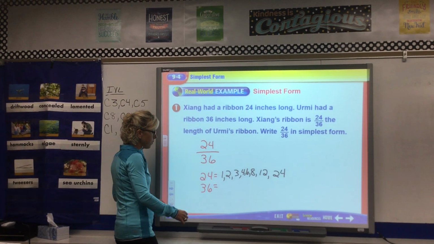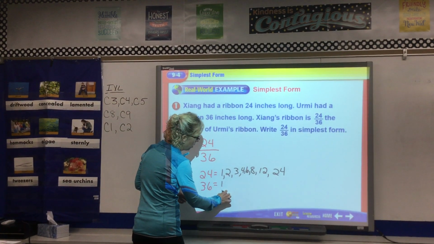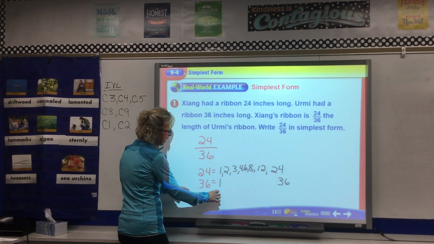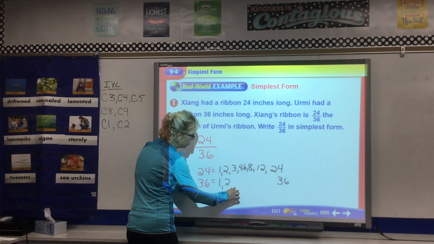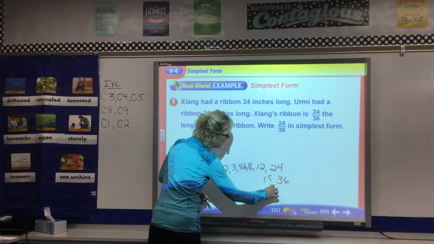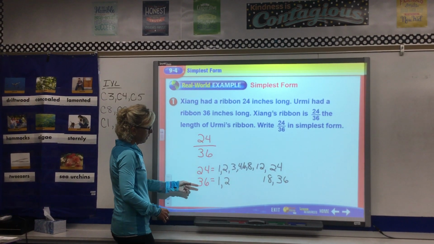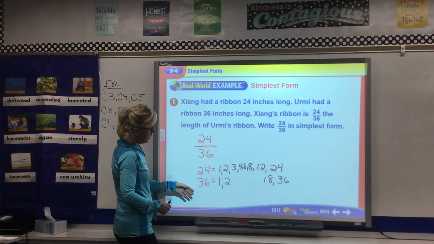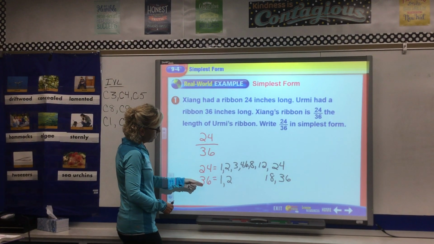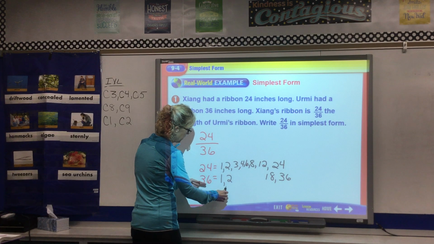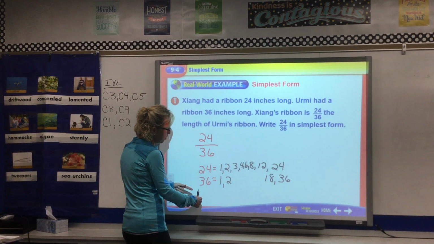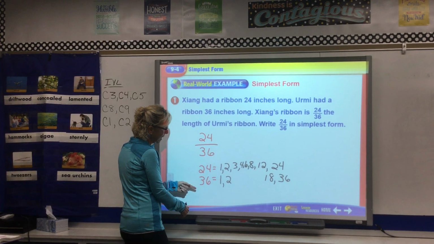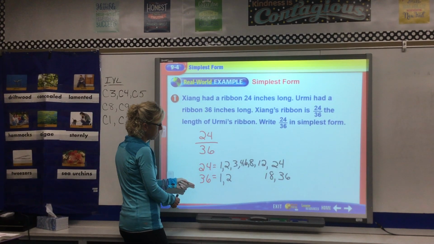Then I list factors of 36. I know that 1 times 36 is 36. I know it's an even number, so 2 times 18 is 36. We're going to talk about tricks to see about divisibility, but I know that 3 goes into 36 because if I add those digits up, same with 24, I would get 9, and I know that 3 goes into 9.